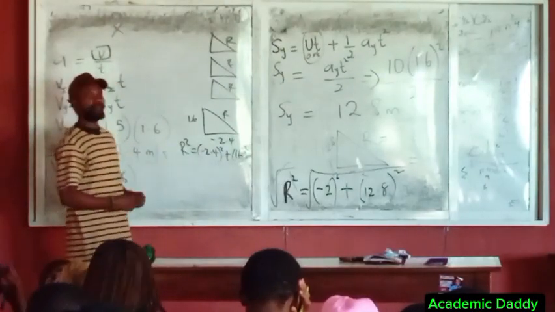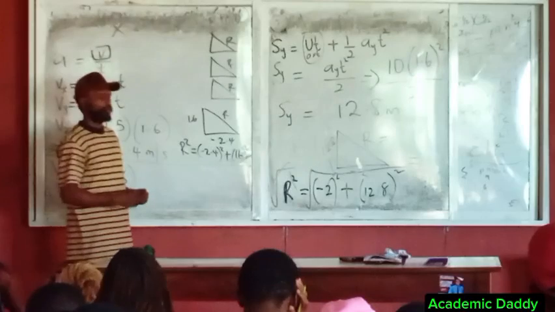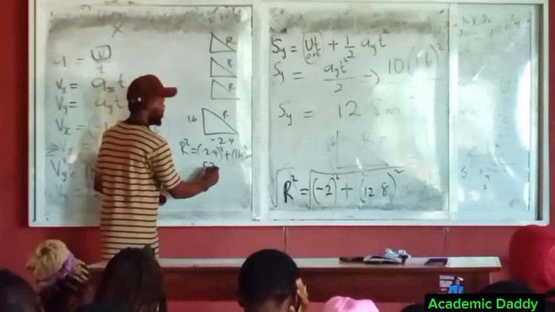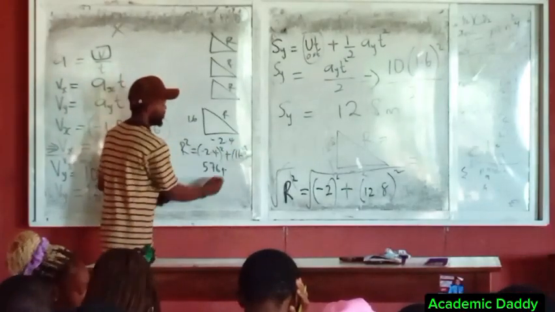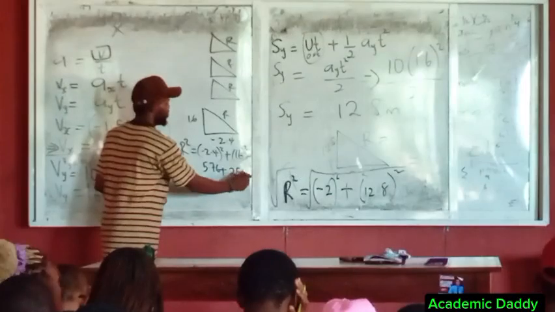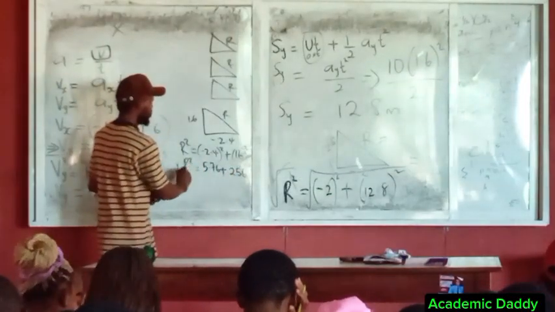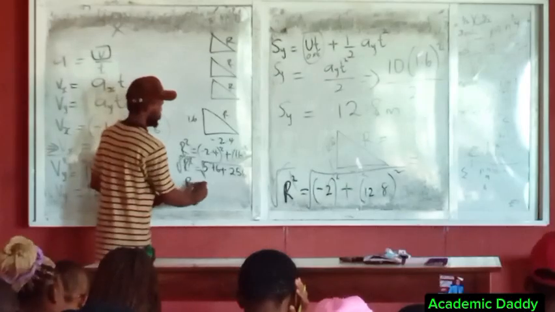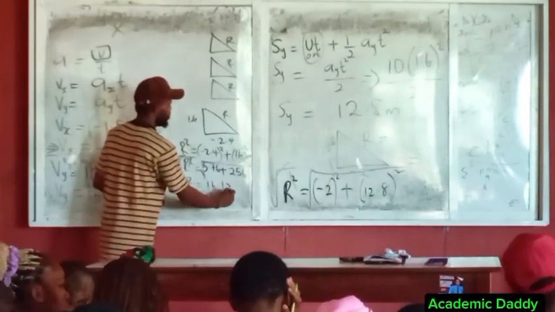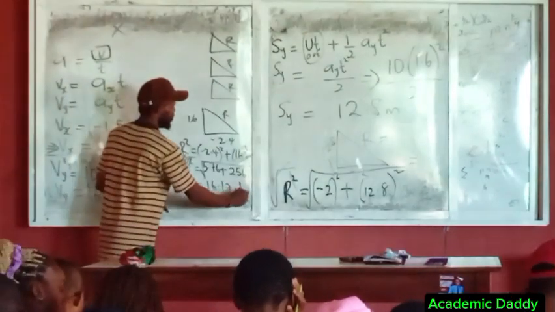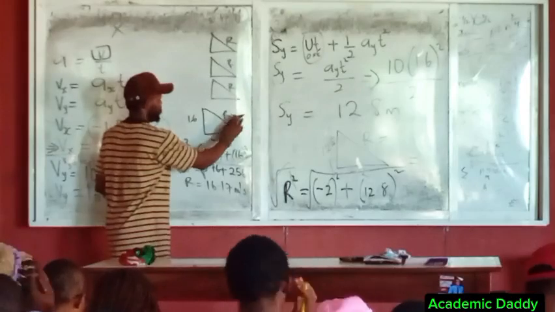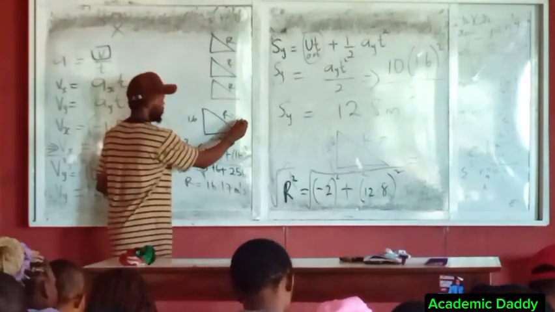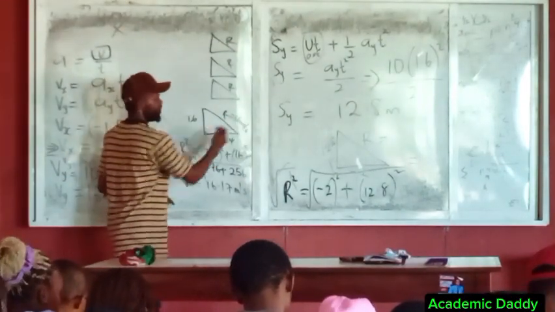Minus 2.4 squared is 5.76, plus 16 squared, 256. So we have V squared. Taking the square root of both sides, 16.17 meters per second. So 16.17 or 16 meters per second.